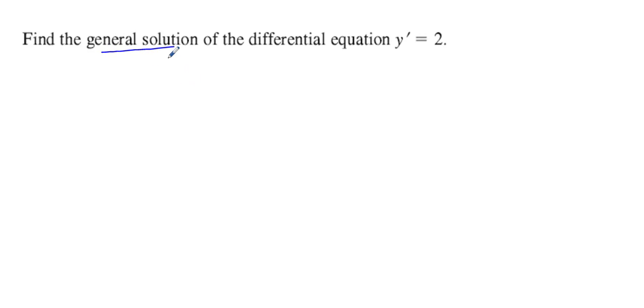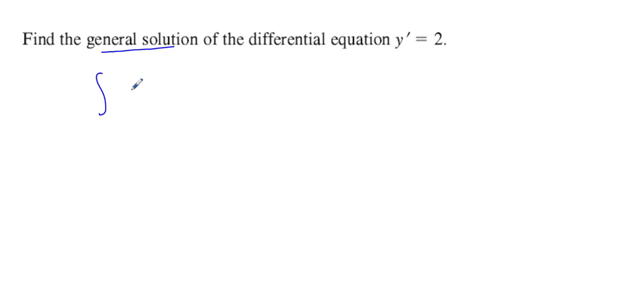Find the antiderivative with the plus c. That's the general solution. That takes care of all solutions, all possible functions whose derivative is 2. Now, it's not really good to be able to write it like this. We could, though.